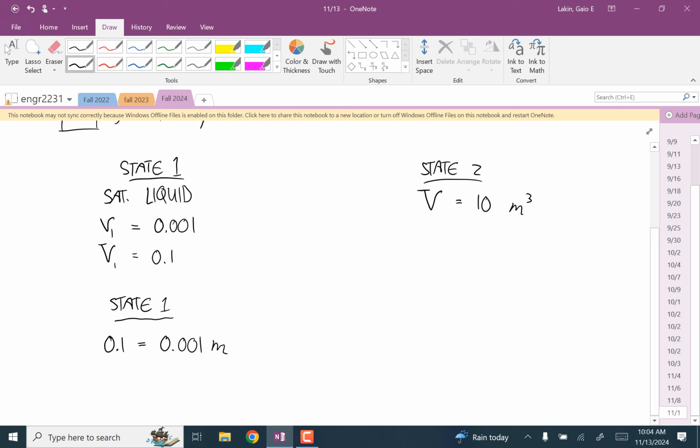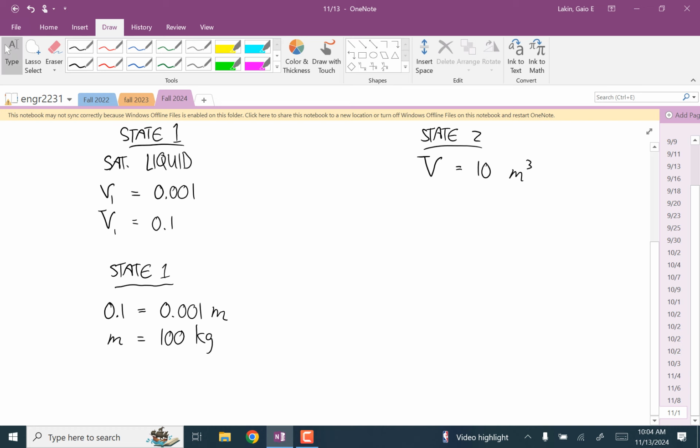And so the mass is 100. And so from that, then we can say that the specific volume at state 2 is 10 divided by 100. So that's 0.10.